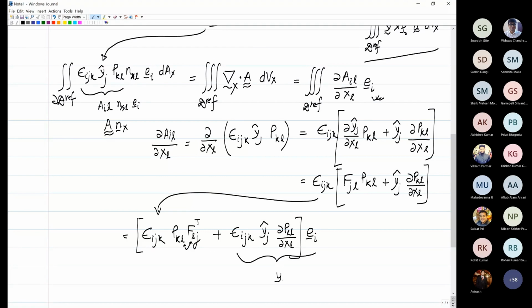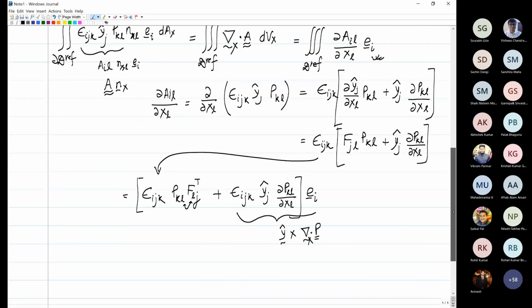Just like yesterday, this is y hat cross product divergence of first Piola-Kirchhoff stress tensor, right? Yesterday you had y cross Eulerian divergence of sigma, but now you have y cross Lagrangian divergence of first Piola-Kirchhoff stress tensor. Quite similar, isn't it?